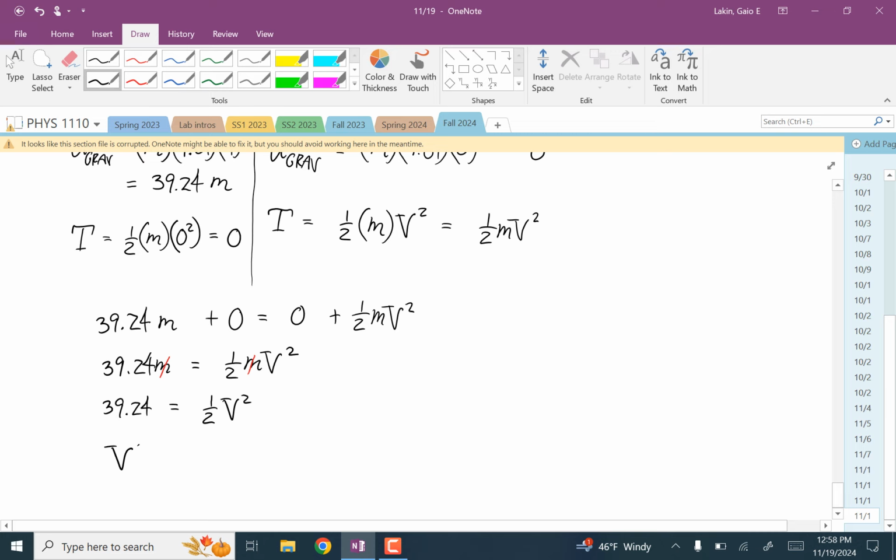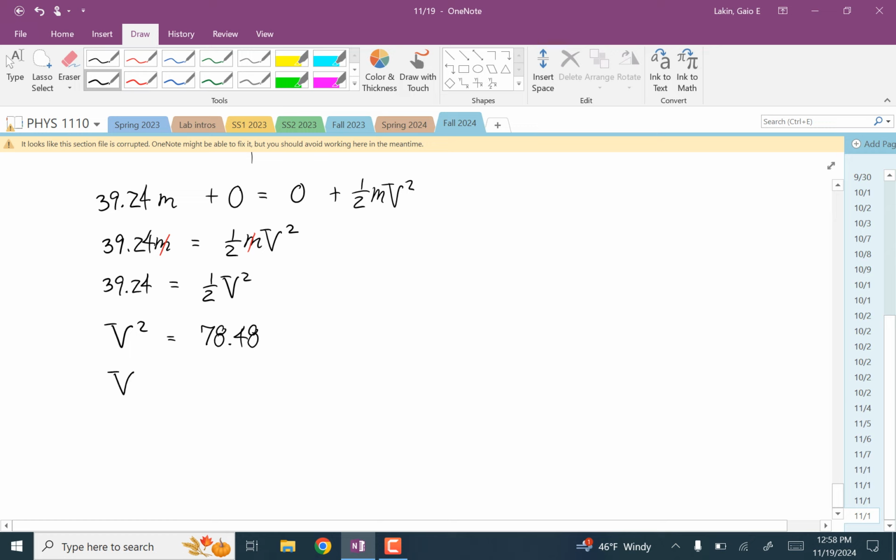And so v squared is equal to 78.48. And so now take the square root of both sides, and you get that the speed is plus or minus 8.86 meters per second.